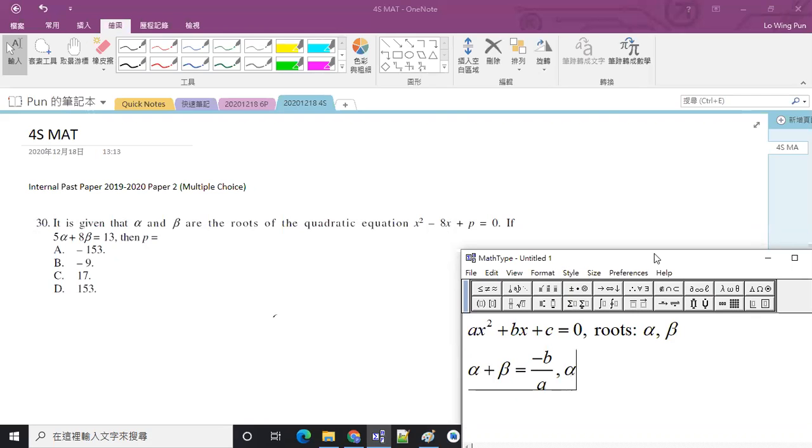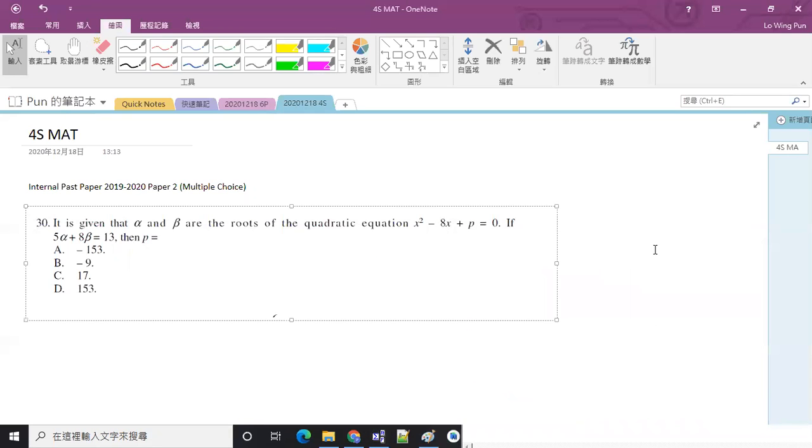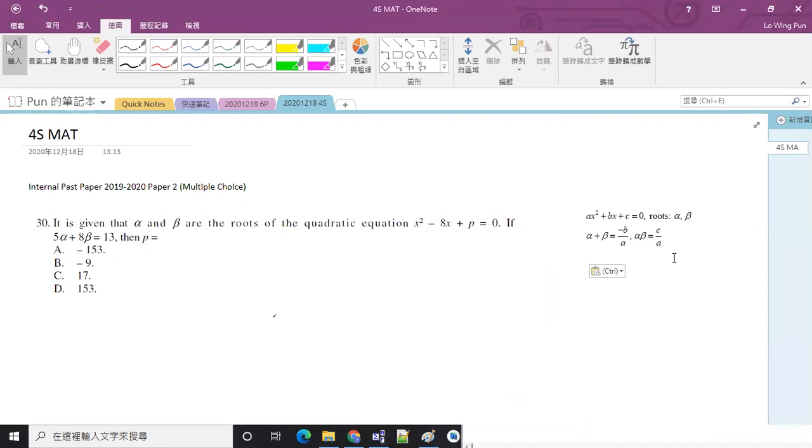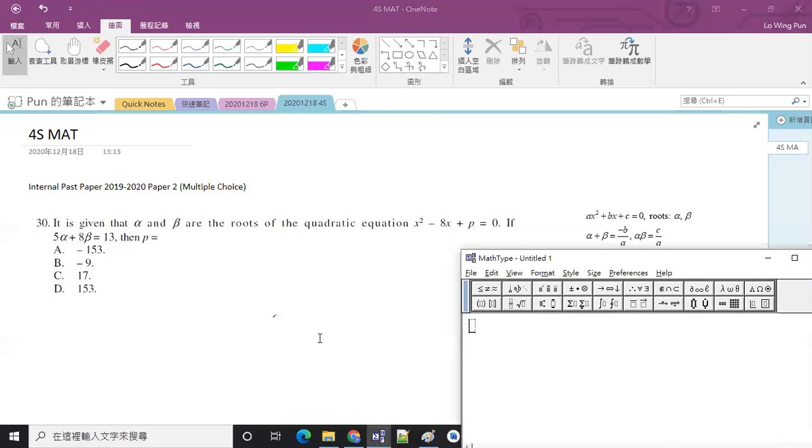And then product of roots, alpha times beta, is equal to c over a. Okay, so we're going to use this knowledge for this question. And in this case, our a, b, c is 1, negative 8, and positive p, respectively. So alpha plus beta should be equal to negative negative 8 over 1. So that should be 8. And then alpha times beta should be equal to c over a. So that is p.